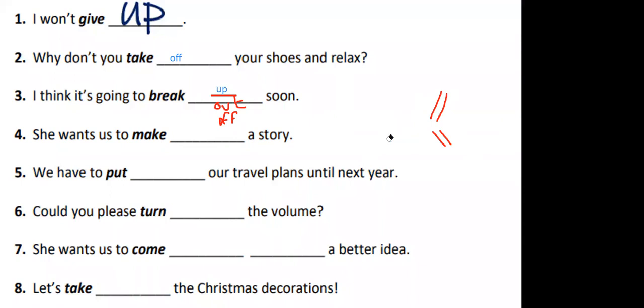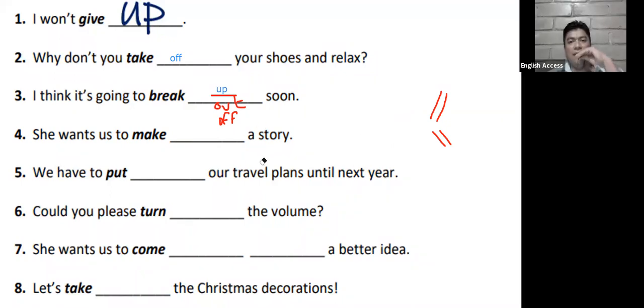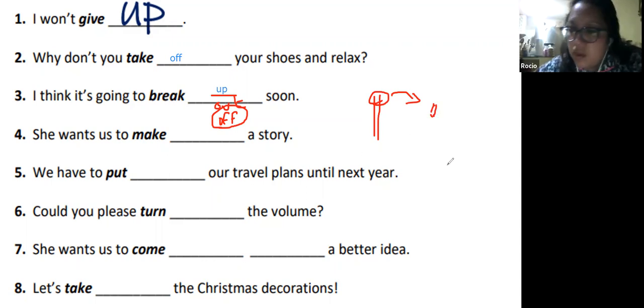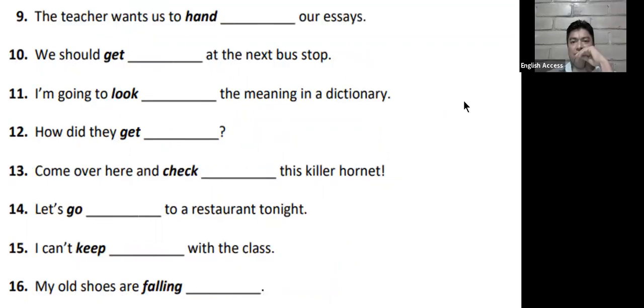And break off is when a piece comes off. When you have one piece, and then one piece breaks off. Hopefully that was enough.